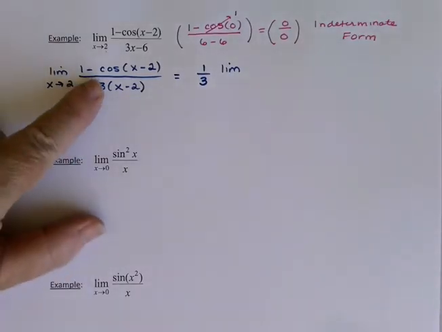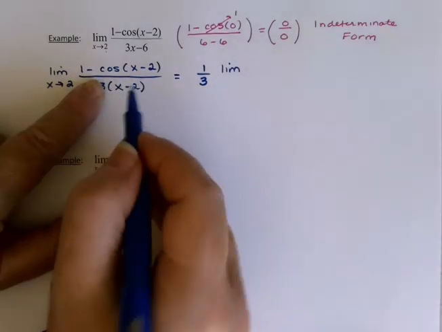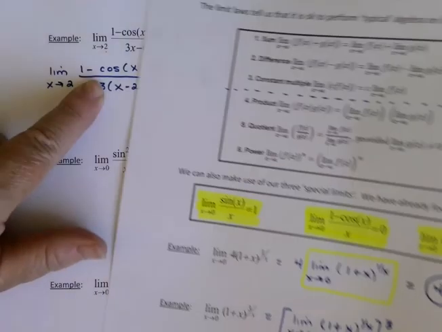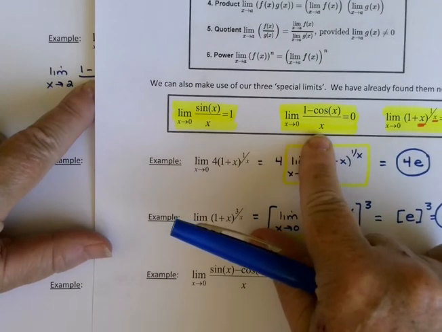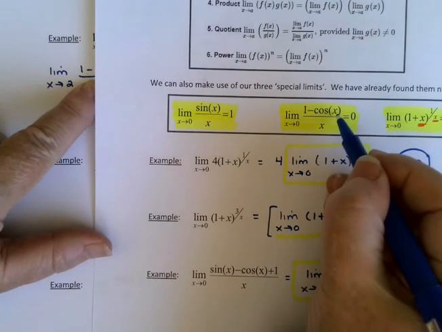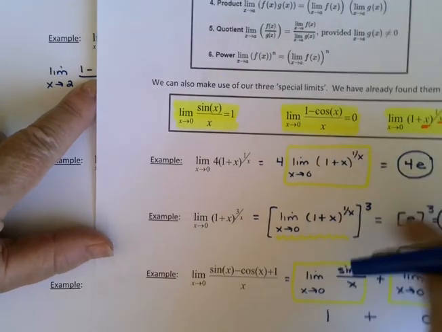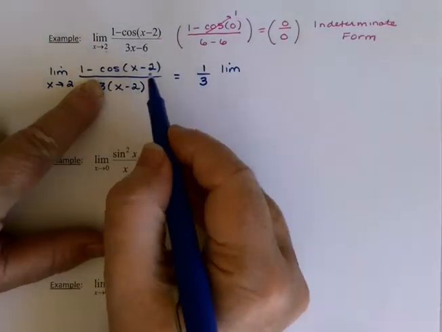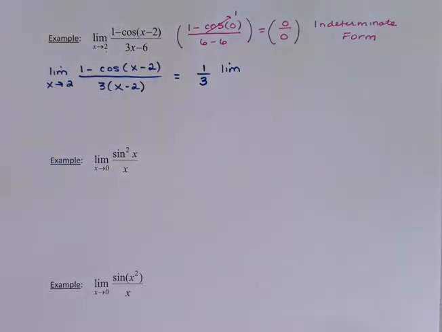If that 3 is gone, because I pulled it out here, what I've got left is very, very similar to this limit. Right? The argument and the denominator were both x. They have to match. And they do now. The x minus 2 and the x minus 2 are the same. So I'm thinking this is going to be another one of those that I can probably do with a substitution.